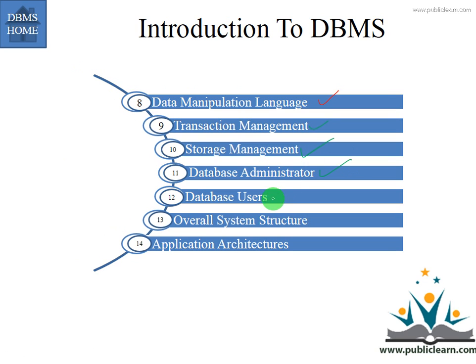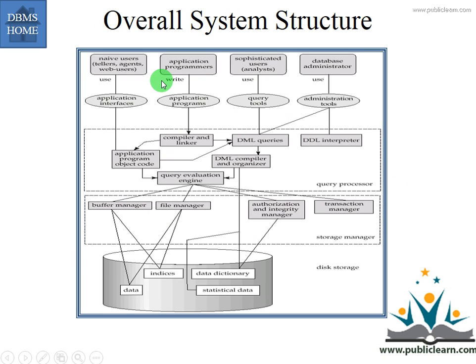Database users completed. Now I'll move to the overall system structure. See, naive users, application programmers, these are the users, these are the developers, and sophisticated users who are analysts will also use it, and the database administrator will also use it.